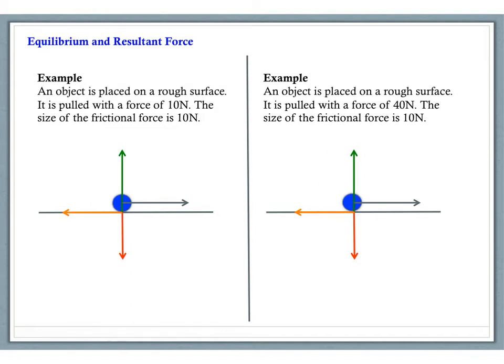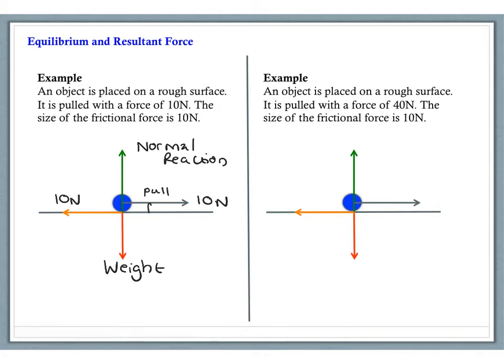Let's label the forces in our force diagram. We have the weight acting vertically downwards. We have the normal reaction force acting vertically upwards, there is a pulling force of 10 newtons forwards like this, and then the friction is 10 newtons in this direction here.